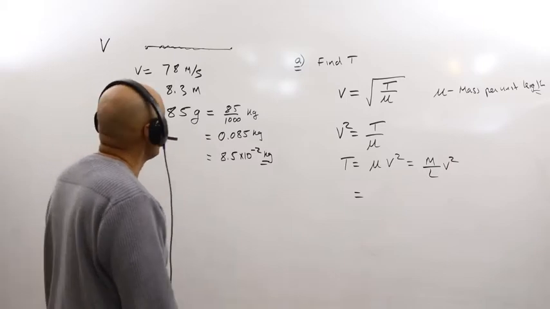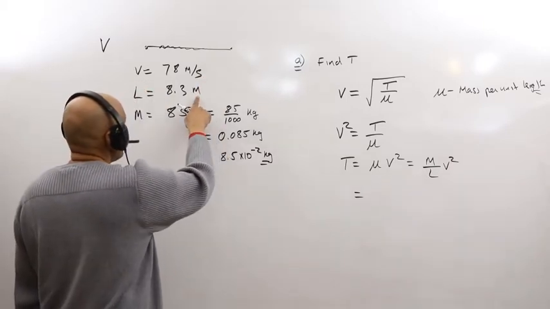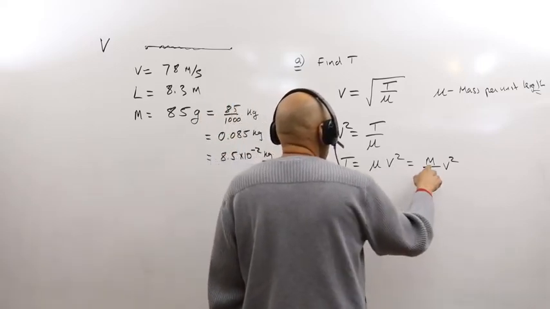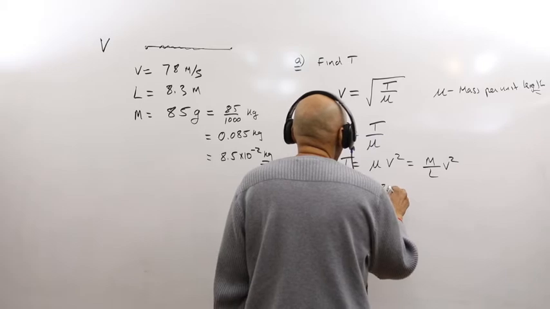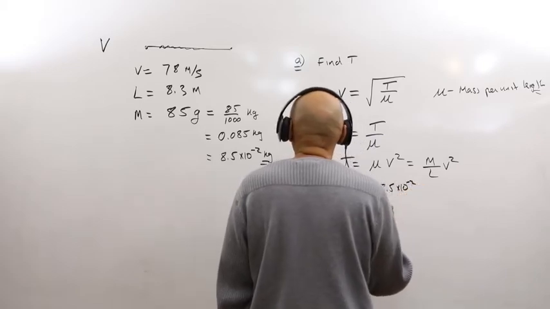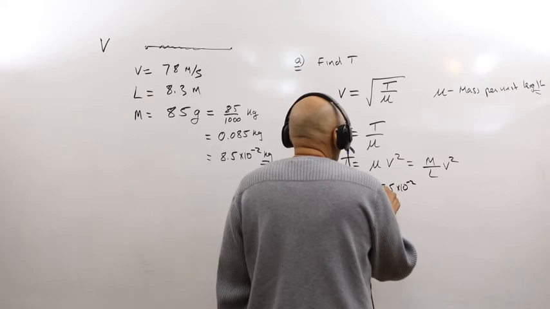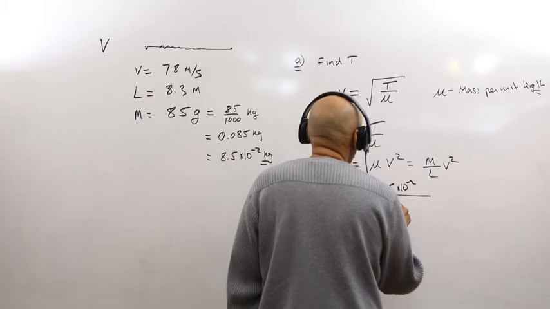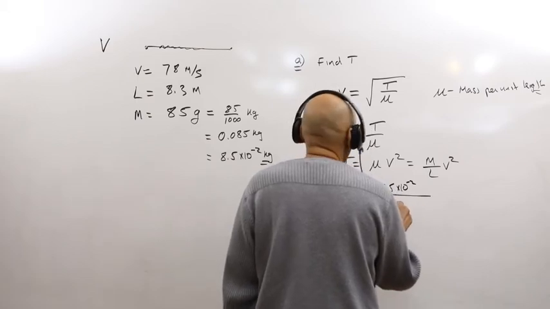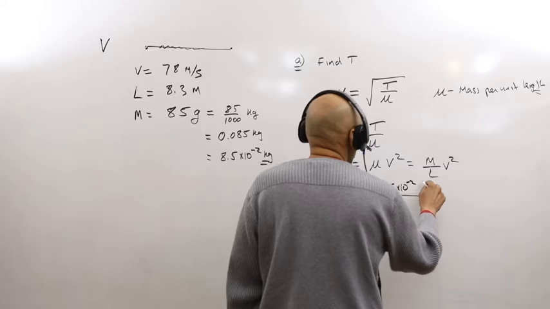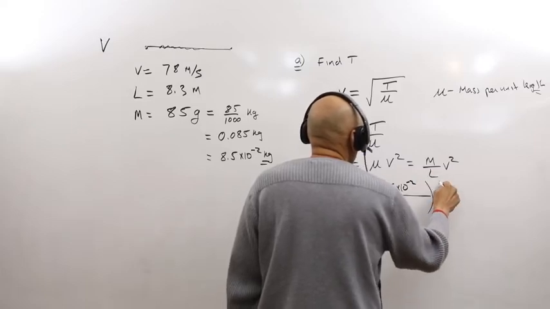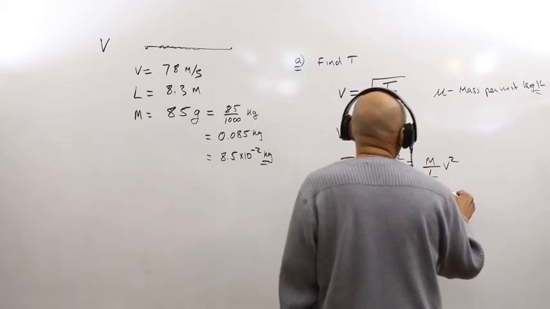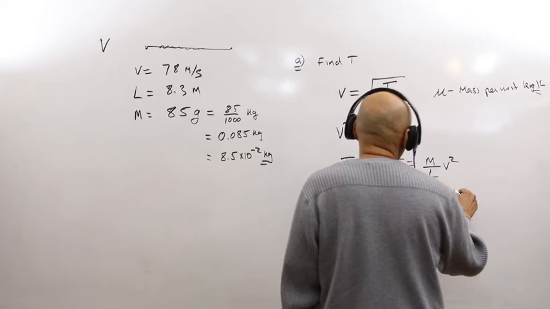So we can start plugging everything in. Meters per second, standard velocity, standard meters, standard kilograms. So our tension is going to be equal to mass, 8.5 times 10 to the minus 2, over the length, which happens to be 8.3, times V squared, where V is 78 meters per second, so 78 squared.